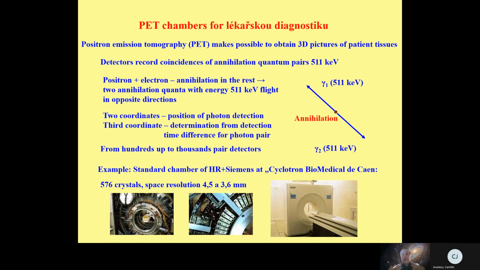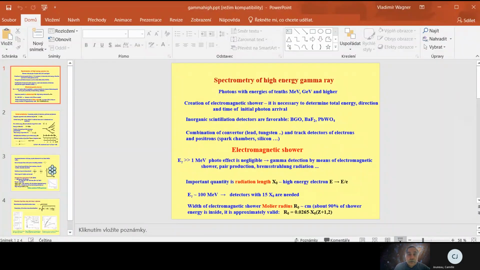That means if you have this glucose with some radionuclide, more of the radionuclide will go to these parts, and it's possible to identify and make three-dimensional pictures of this tissue or tumor, and after that it's possible to solve problems. Yeah, there are some examples of usage of spectrometry and detection of gamma for medical applications.